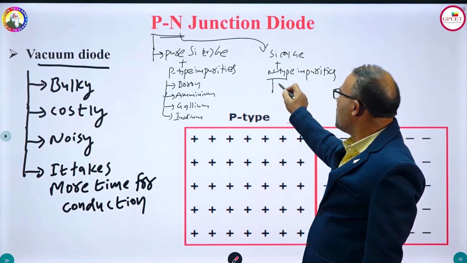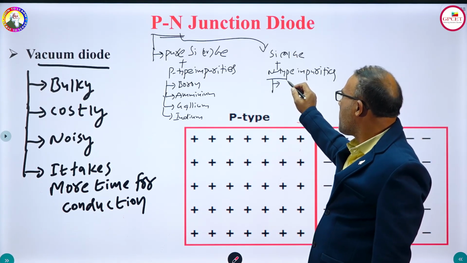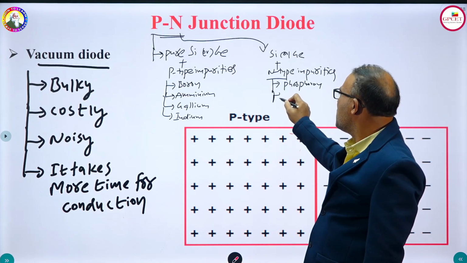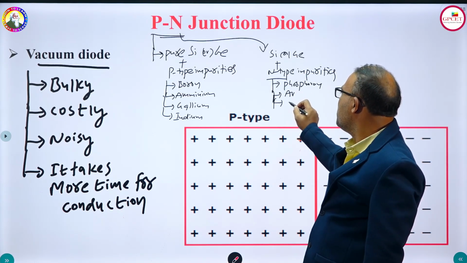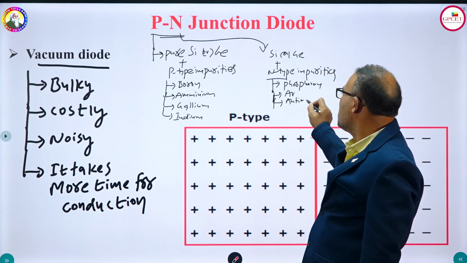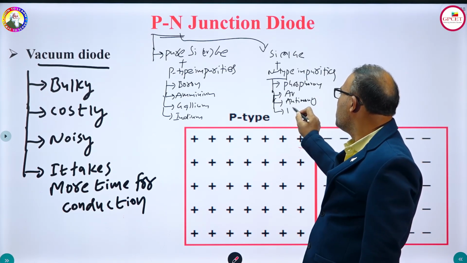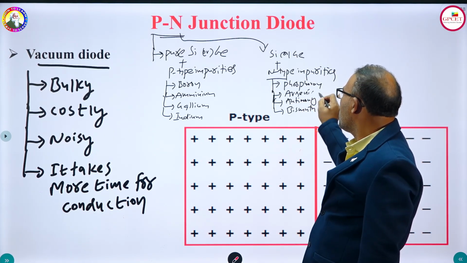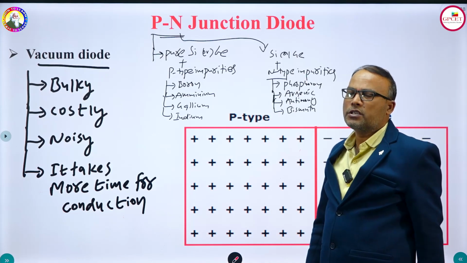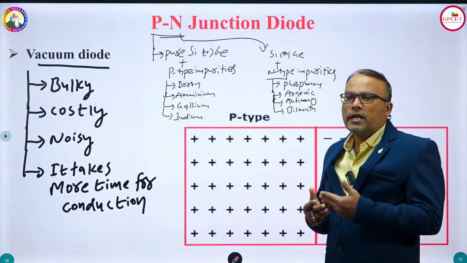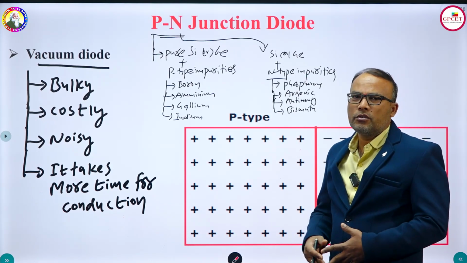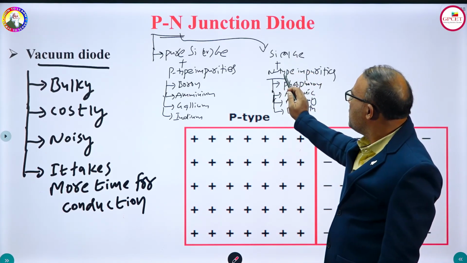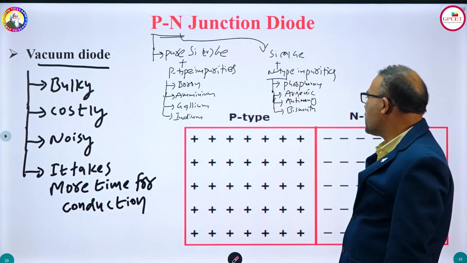We have learned already N-type impurities like phosphorus, arsenic, antimony and bismuth, where these elements have 5 electrons in the outermost orbit revolving around the nucleus. So they are all called donor elements. They will donate an electron to another atom. Therefore, if you add this type of elements to silicon or germanium, it will form an N-type semiconductor.